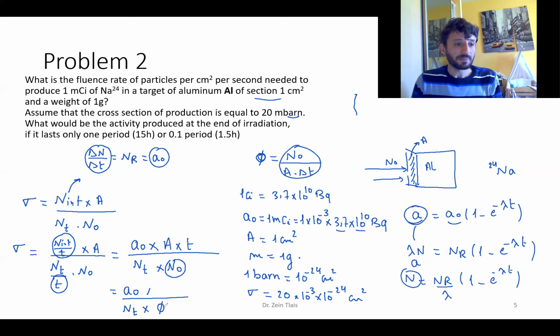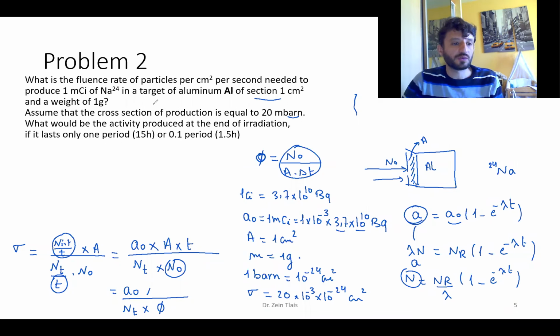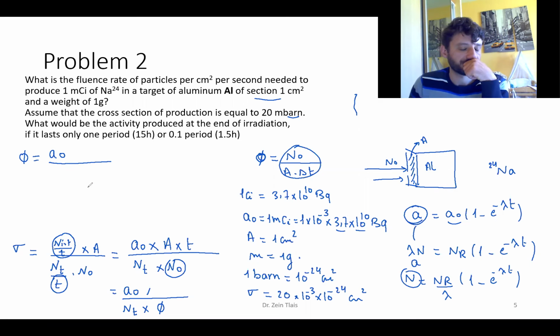Okay, so here I need to calculate the flux. I used this relation to calculate the flux. We can come back to this one. We can say flux equals A0 divided by sigma times n target.